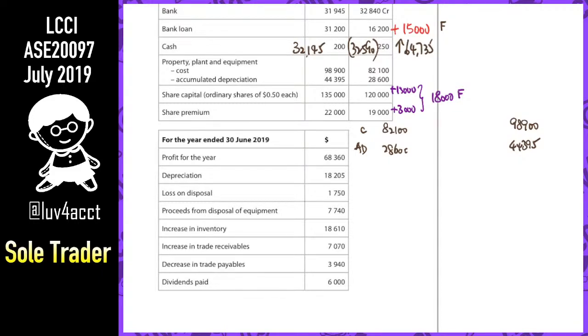Profit for the year is given to you, then depreciation. Depreciation is here, so we add depreciation 18205.